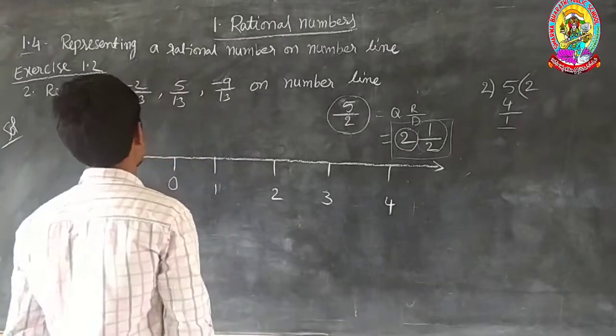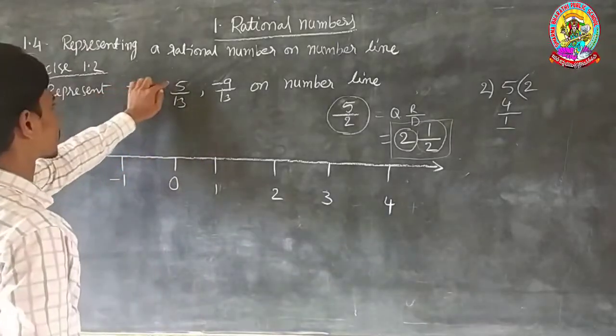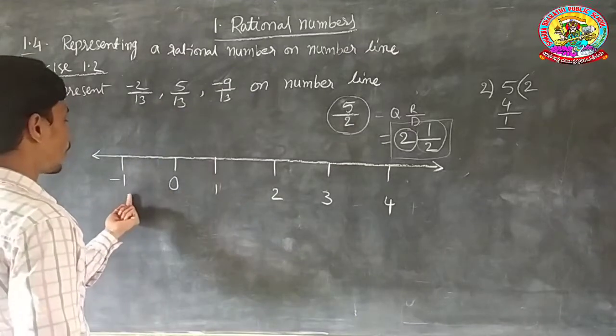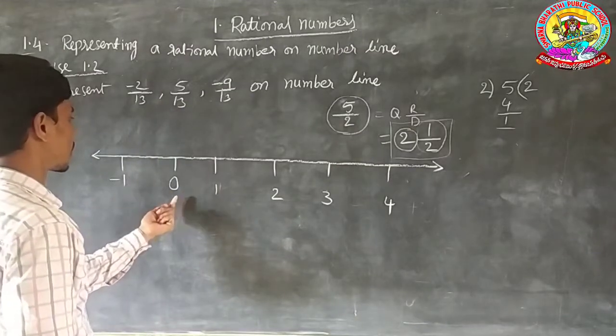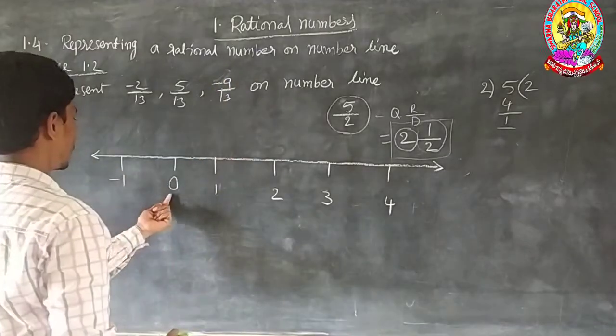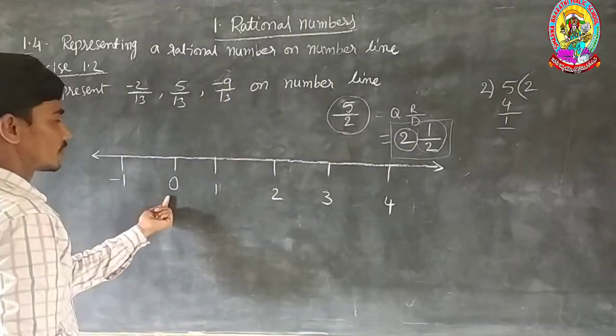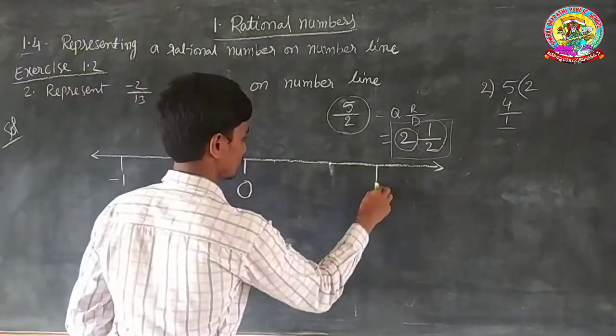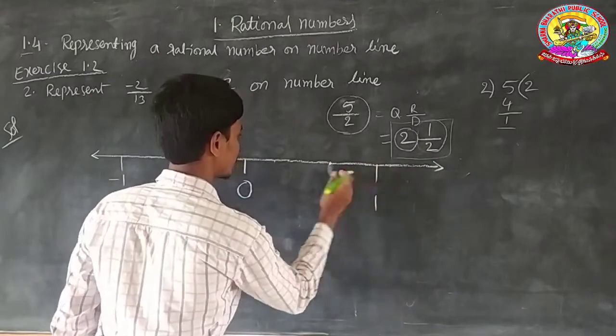Clear with that? Here all the given fractions are proper fractions, which means all the fractions are in between 0 and 1. If the given one is minus 1, it is in between 0 and minus 1. So for this purpose, denote the number line with greater length.